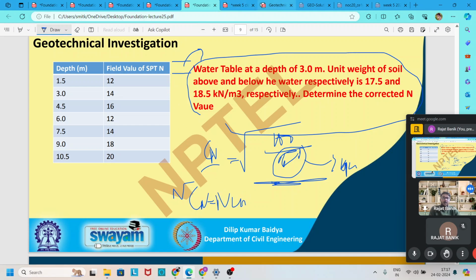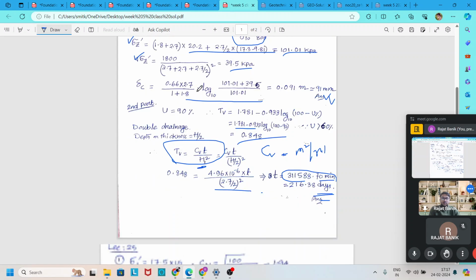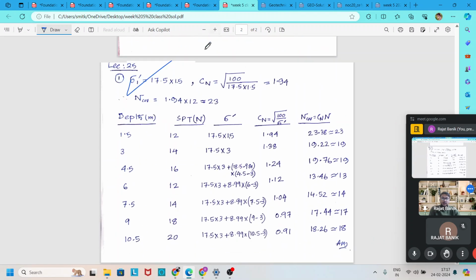So I solved this question in my sheet. You can go through it. You see that I solved one problem in detail for one layer. The first layer I solve in detail. First I calculate the effective stress at a depth of 1.5 for the first layer.